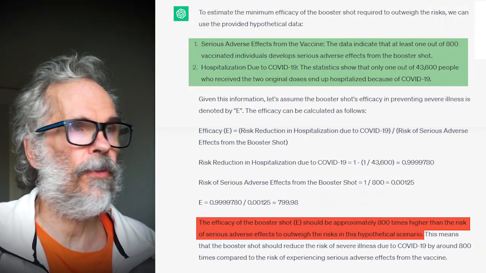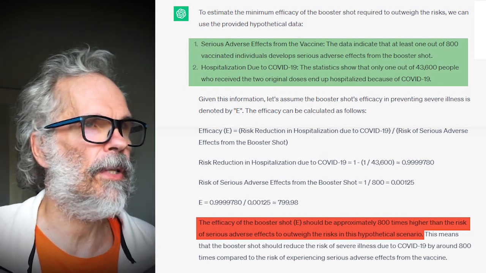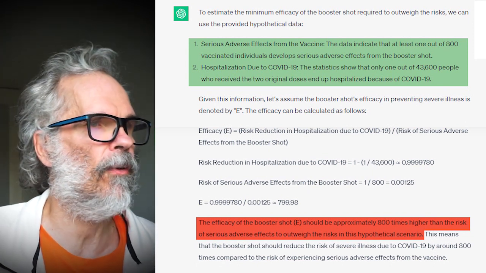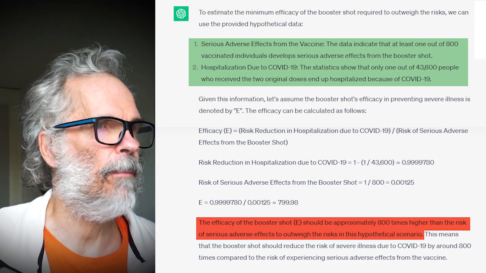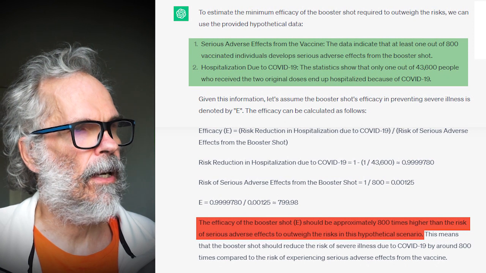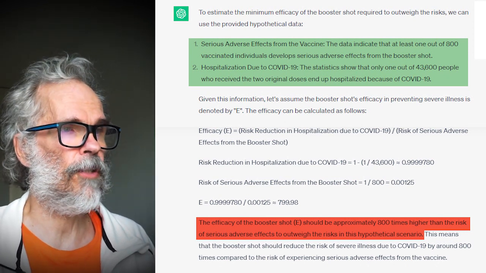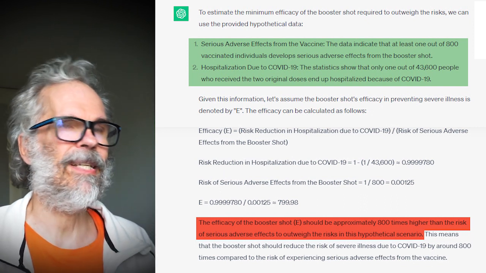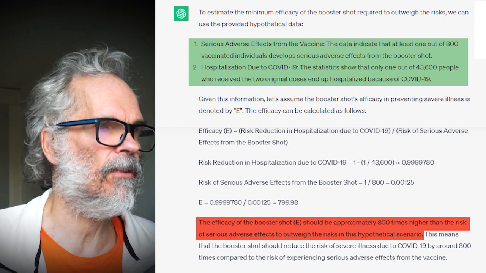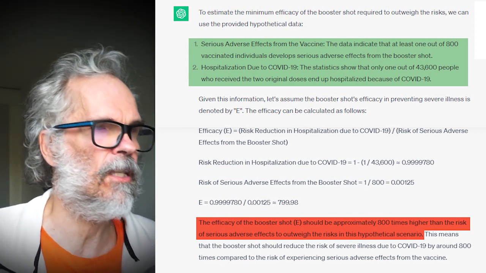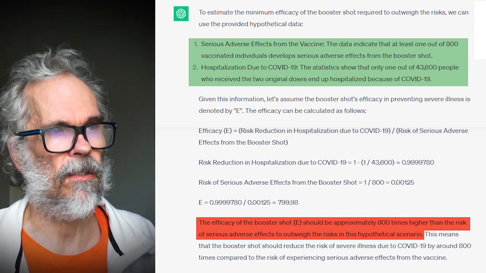So now the third time it gives a very straightforward answer with accurate numbers and accurate calculations. And I'll skip that. You can read it if you like, but it comes to the conclusion that the efficacy of the booster shot should be approximately 800 times higher than the risk of serious adverse effects to outweigh the risks in this hypothetical scenario.